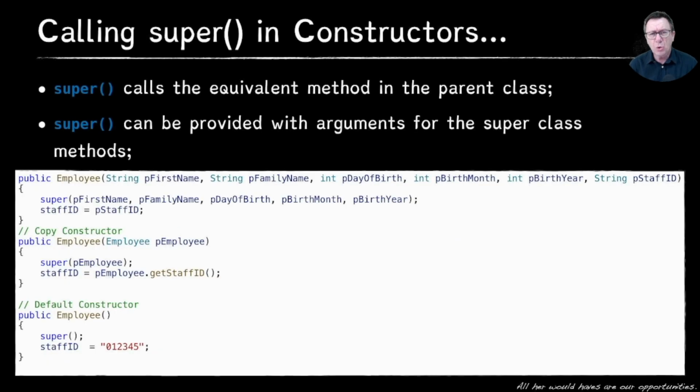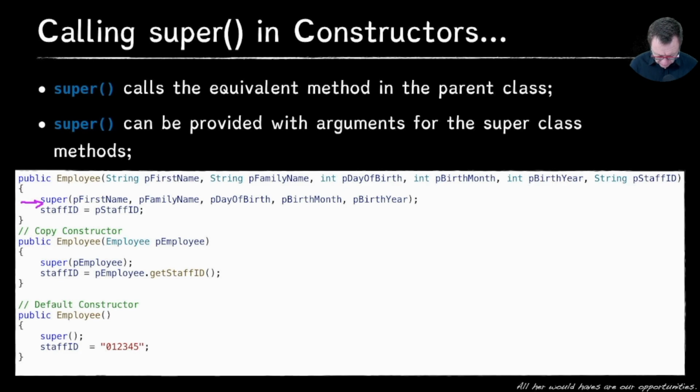So we dive into some constructors now, and we have this thing called super. Super calls the equivalent method in the parent class, and we can also provide super with some arguments. Let's have a look at the example. In our employee class here, we've got the constructor, and you can see the very first line in our constructor is super.